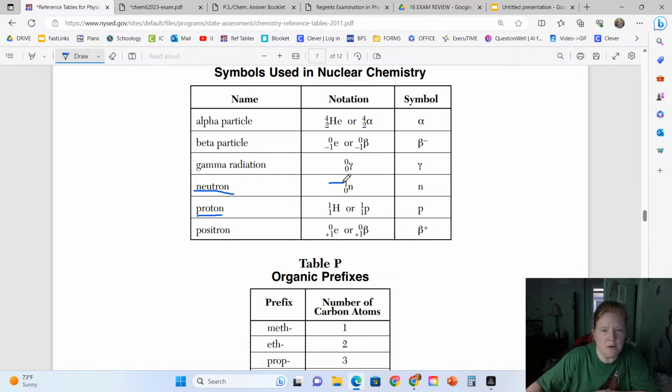The top number represents mass, so you can see for neutron and proton, they both have a mass of 1. The charge is different. But yes, we said carbon had 6 protons, right? So a carbon atom also has 6 electrons because it has to be neutral.